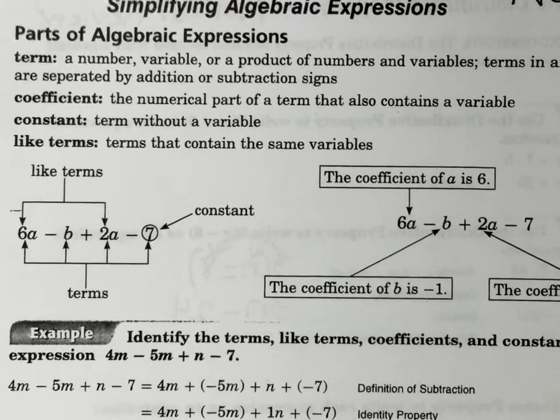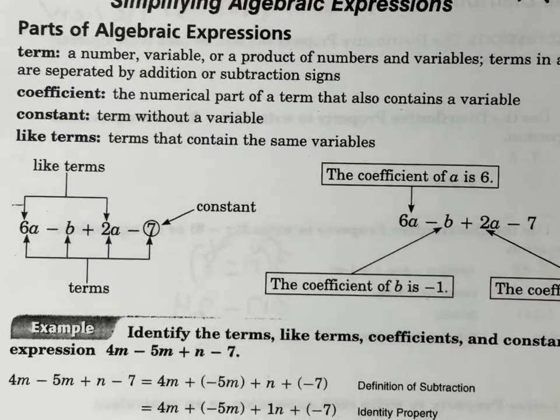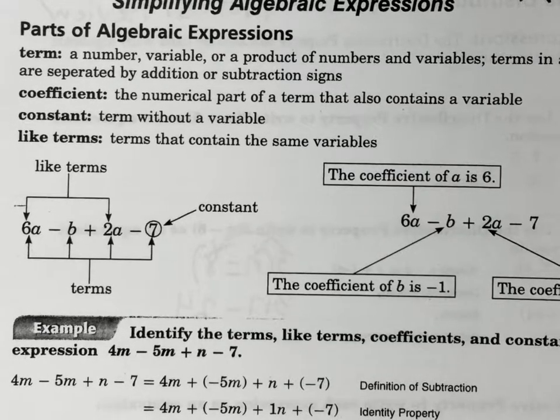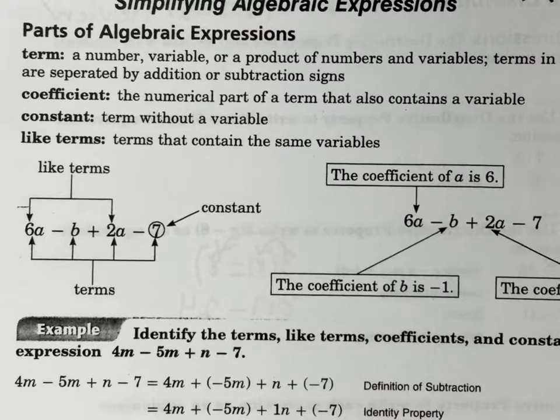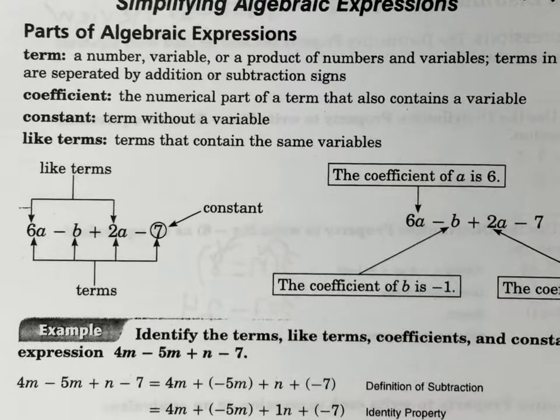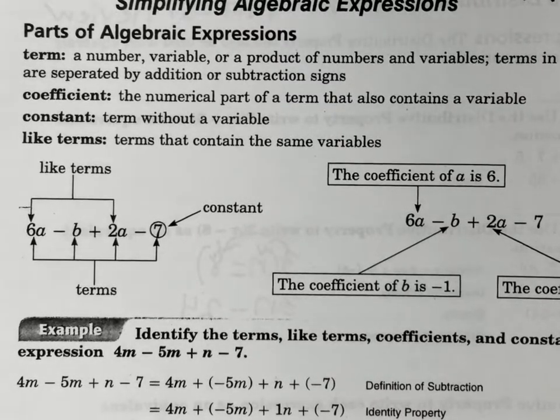Terms in an expression are separated by addition or subtraction signs. A coefficient is the number part of a term that contains a variable. So you can't have a coefficient if you don't have a variable. Okay? So it's always going to be that number that's right in front of that variable. A constant is a term without a variable. So just a number by itself.